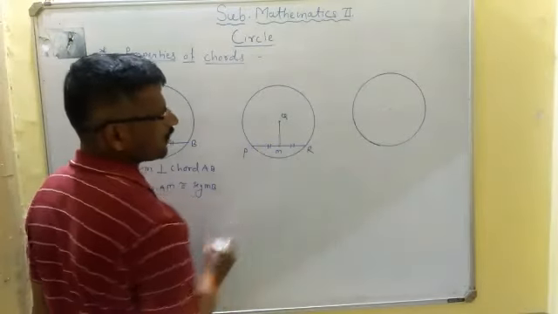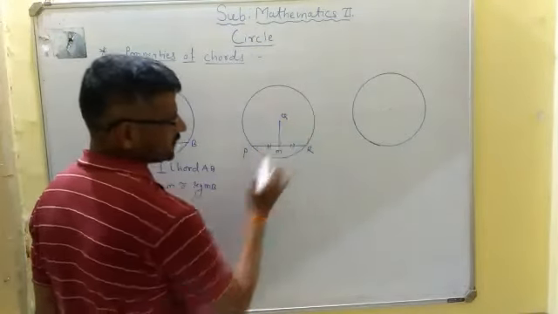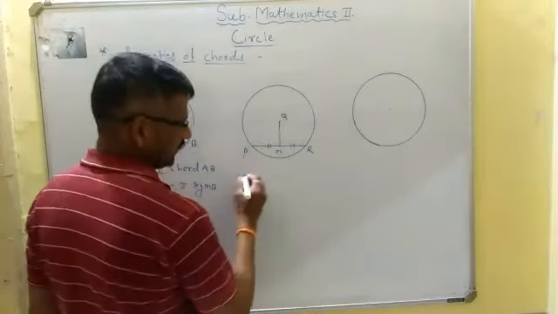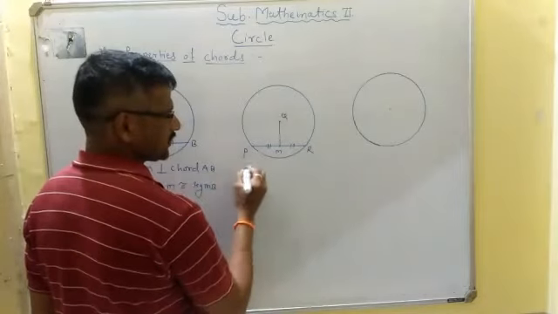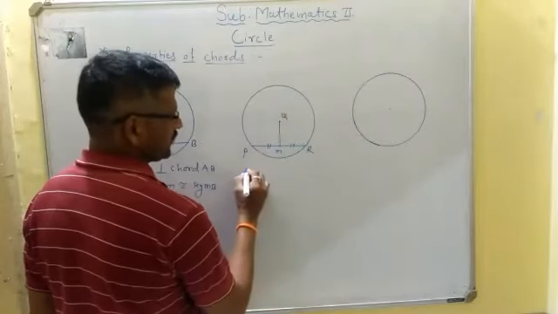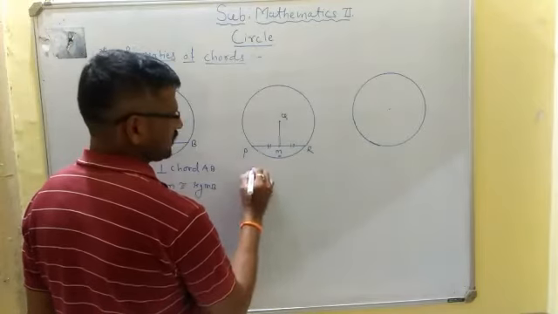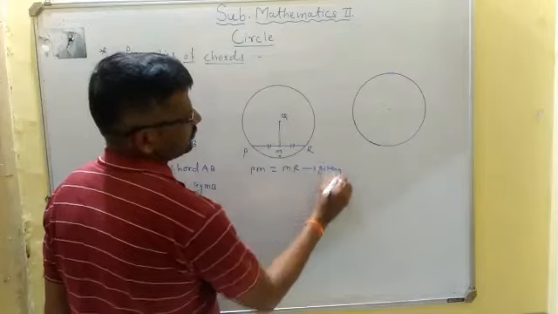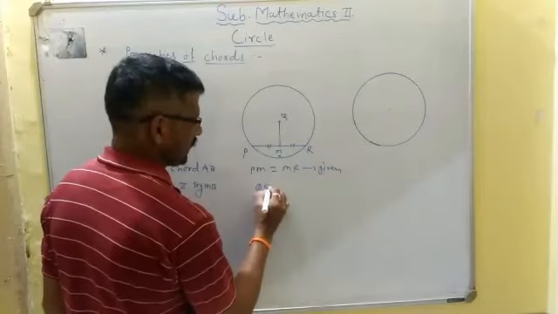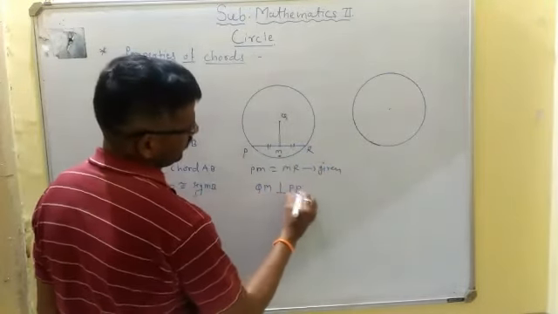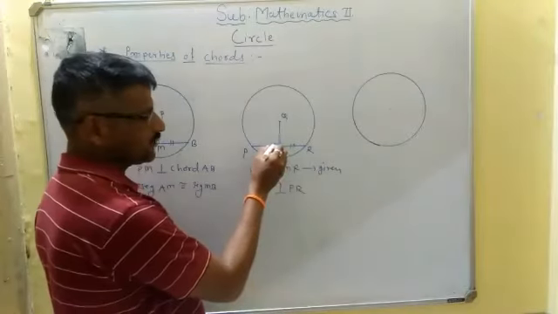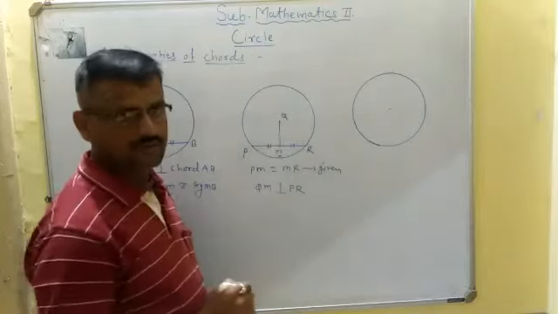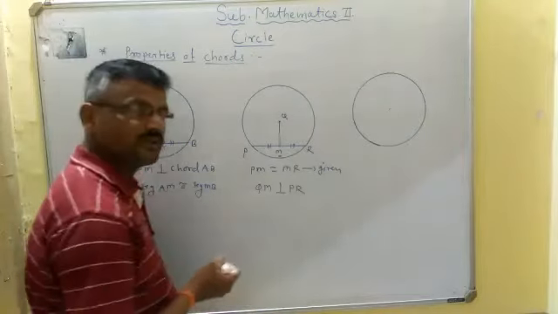M is the midpoint of the chord and QM is a segment joining the center and the midpoint of the chord. That means here PM is equal to MR. That's the given. And from that, what do we get? QM is perpendicular to the chord PR. That means a segment joining the midpoint of the chord and the center is perpendicular to that chord. Okay, that concept we learned previously.